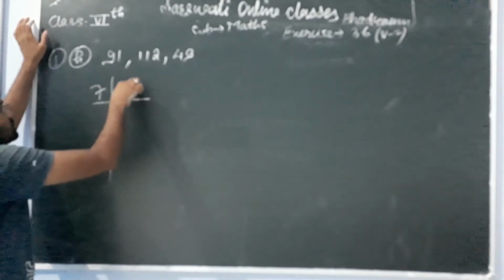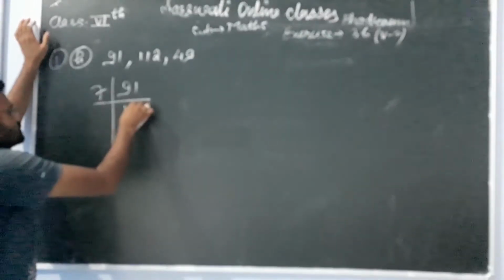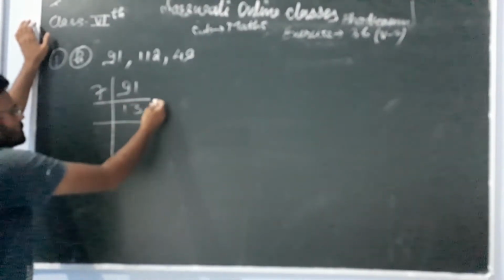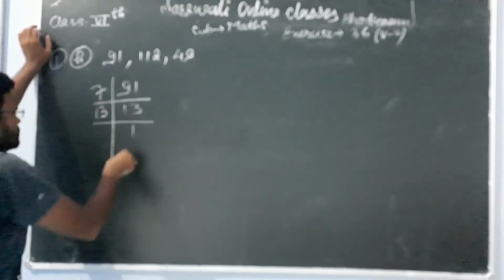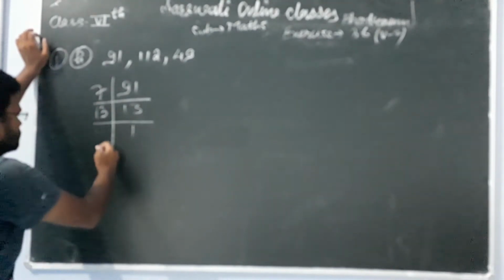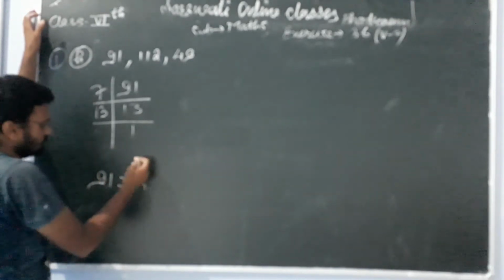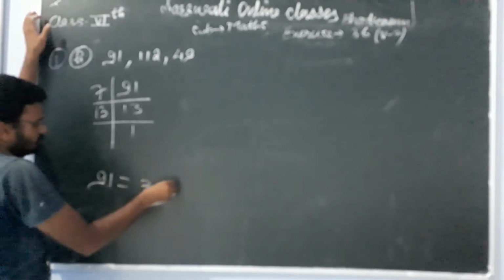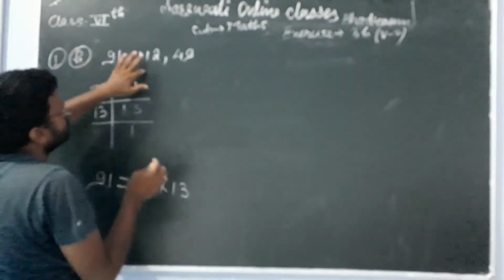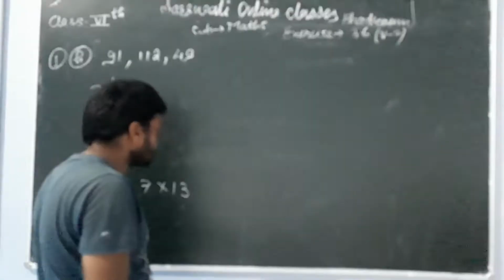Now this is 21, 7 3s are 21. Okay, this is 13. Now 13 1s are 13. So factors of 91 are 7 into 13.